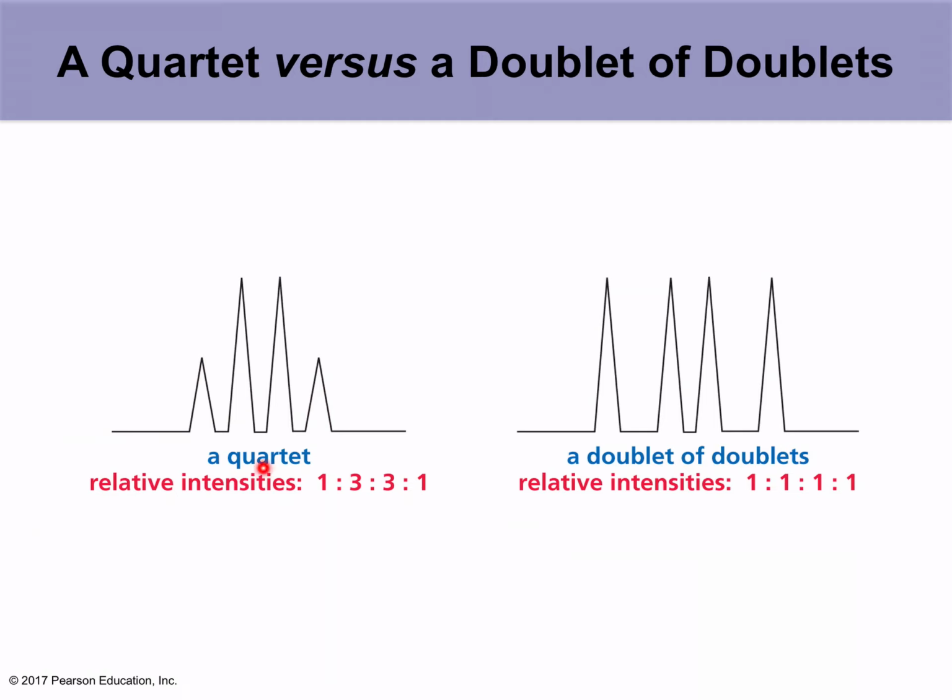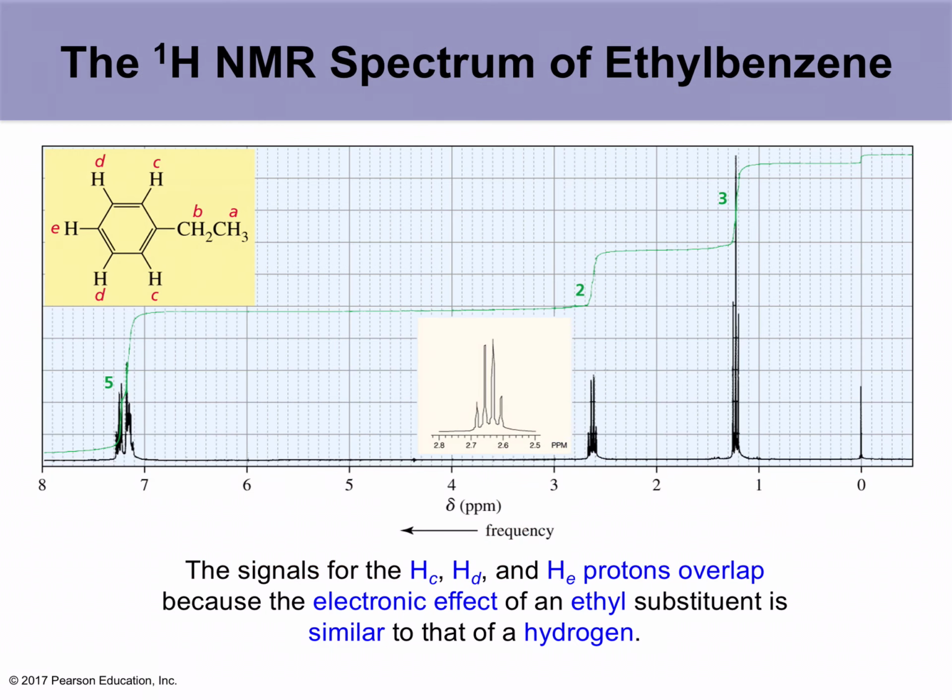Normally, if you have 3 hydrogens on the neighboring carbon, the hydrogens will be split into a quartet in the ratio 1 to 3 to 3 to 1. Sometimes we can also see some peaks on the same height, and we call them a doublet of doublets, and their relative intensity is 1 to 1 to 1 to 1.